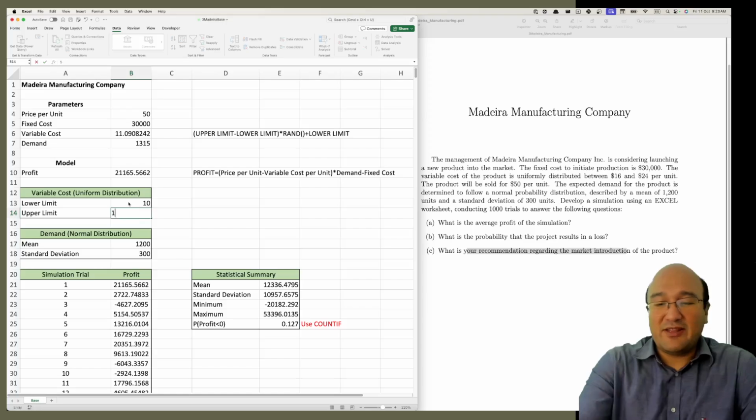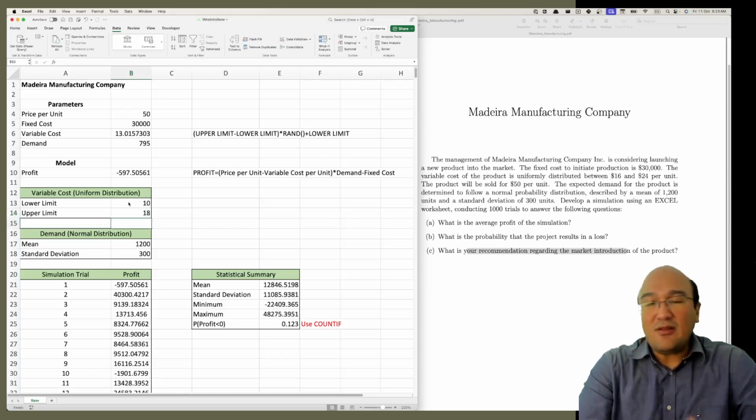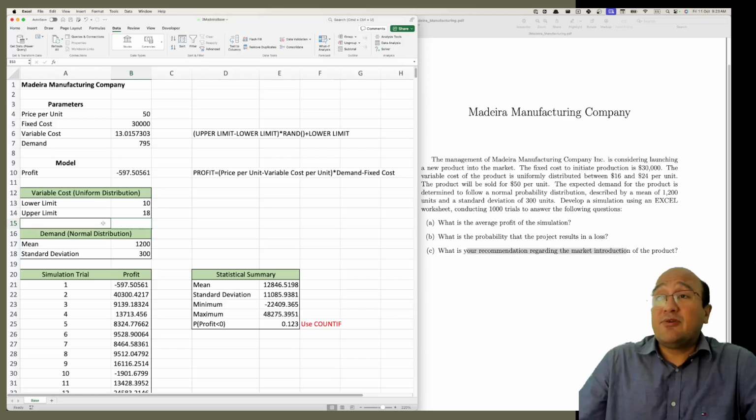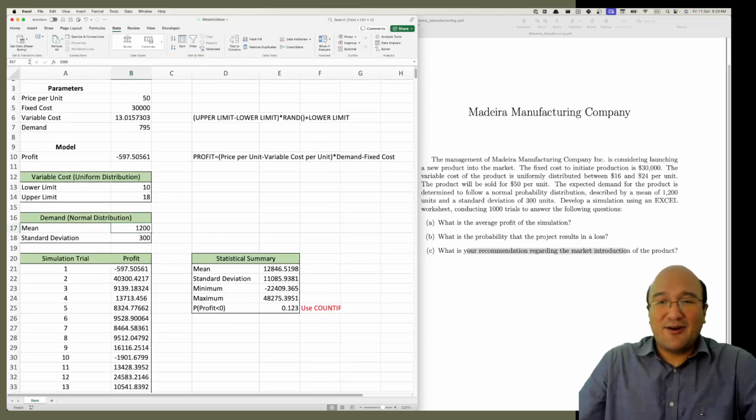Or 12 to 18 is way better. We could play with this simulation and see other types of changes. For example, what happens if the demand increases or decreases, things like that. Okay, hopefully you liked this video, and see you again.